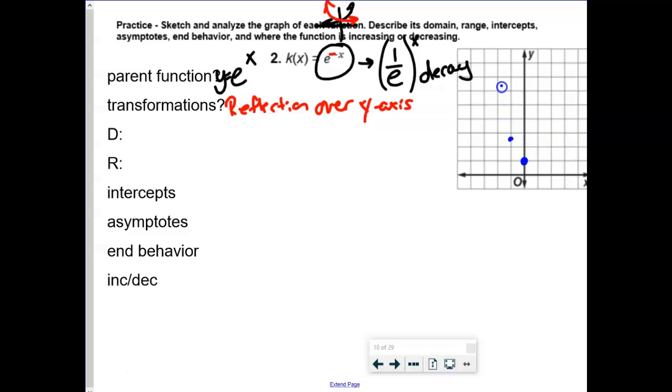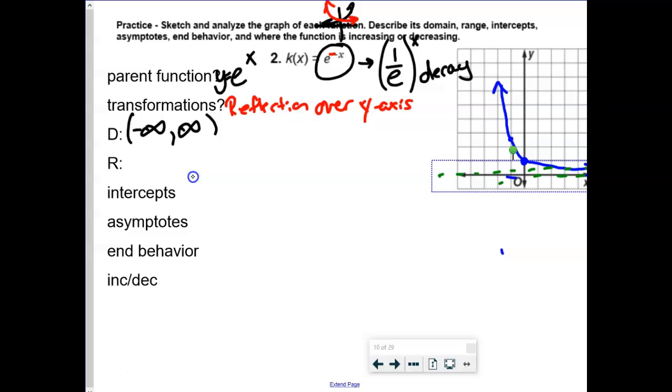I already was told this was going to be a decay, and there's no vertical shift, which means the horizontal asymptote is going to scoot down here. Whoops. You get the idea. So the domain, that's an easy peasy question on every part of today, because domain is always negative infinity to infinity.